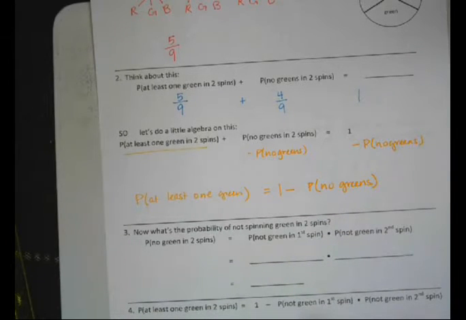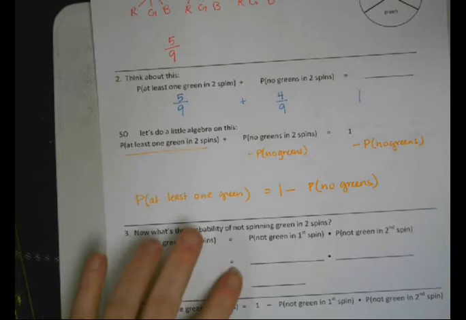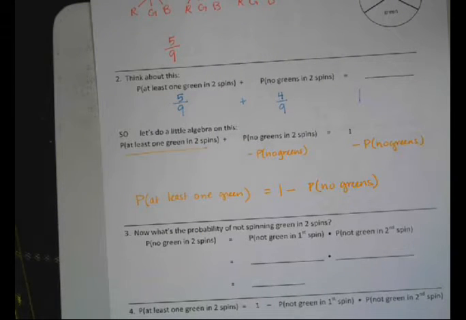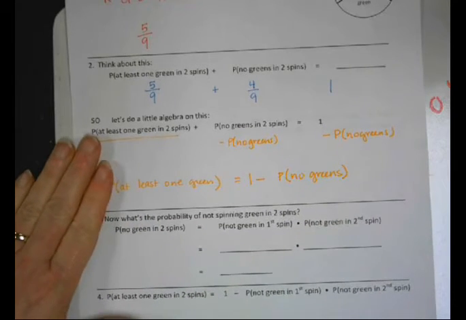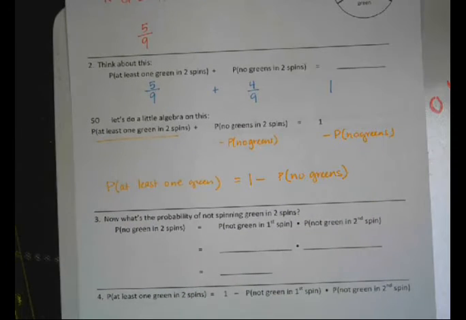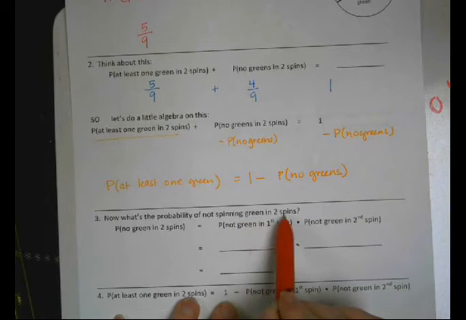All right, so now what's the probability of not spinning greens in 2 spins? So this is where, day before yesterday, when we were talking about the fact that sometimes the word and is not included in the problem, you have to understand that it belongs there. And here's a good example. Because when they say what's the probability of not spinning a green in 2 spins?